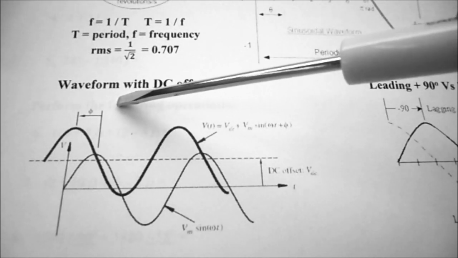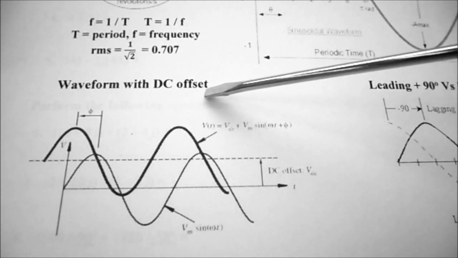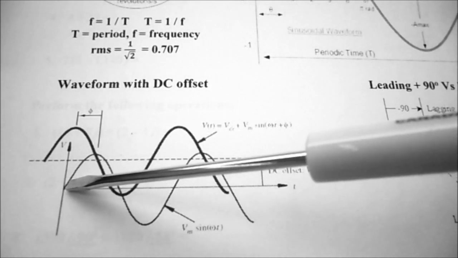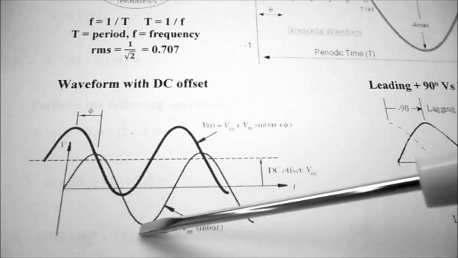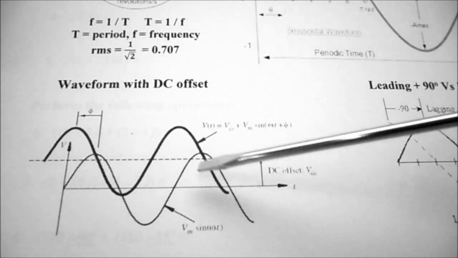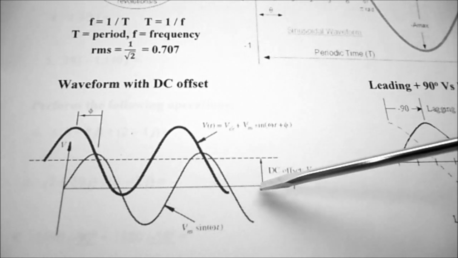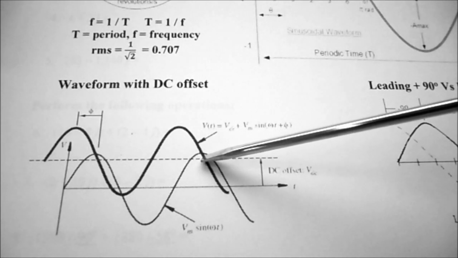So in this diagram, we're looking at a waveform with a DC offset. So you can see our reference waveform is the thinner lined waveform. Our thicker line waveform is actually on a DC offset.